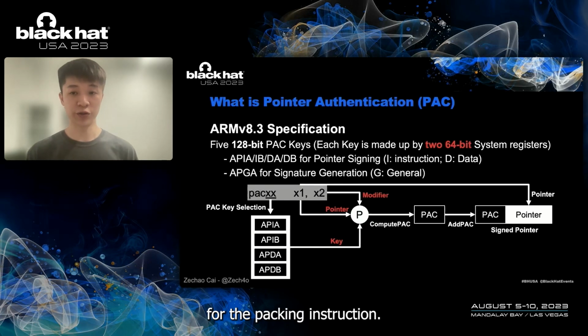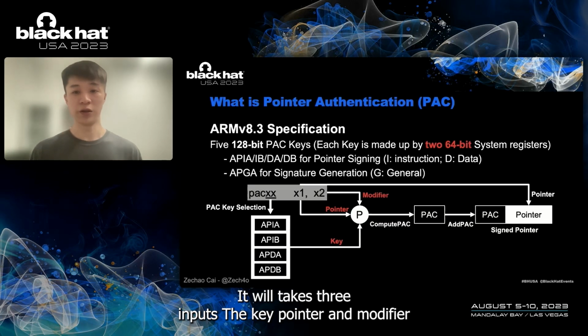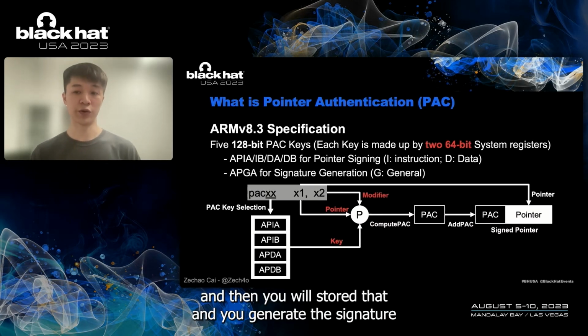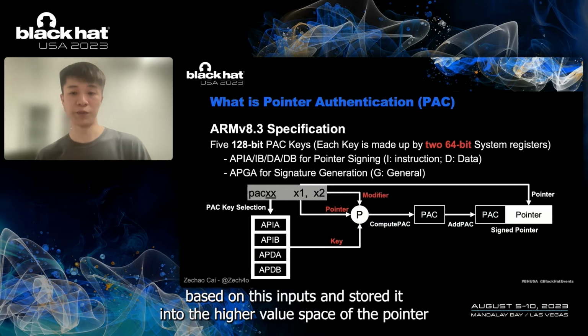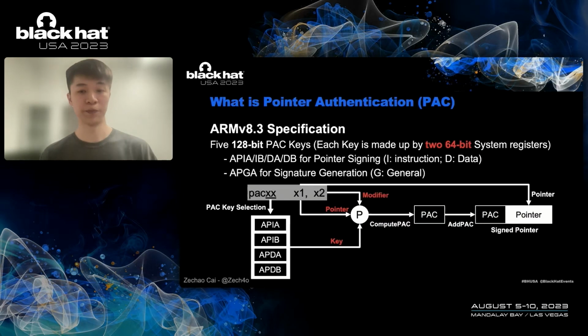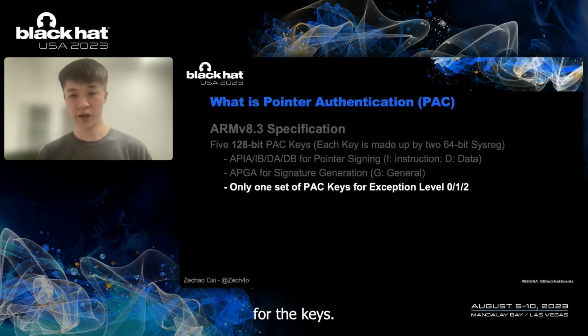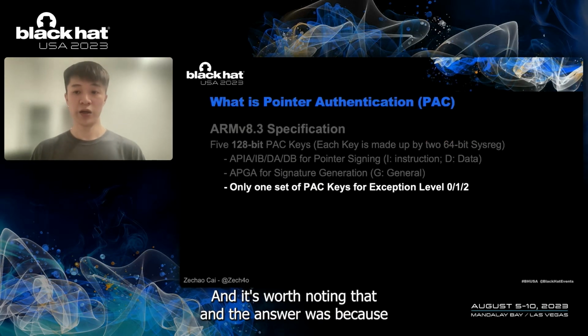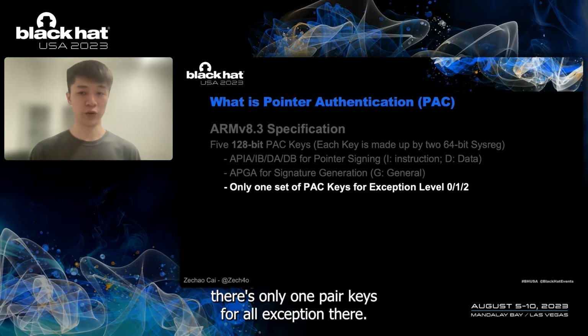The PAC instruction takes three inputs: the key, the pointer, and the modifier. It then generates the signature based on these inputs and stores it into the higher unused space of the pointer. For the PAC keys, it's worth noting that in the ARM specification, there's only one set of PAC keys for all exception levels.